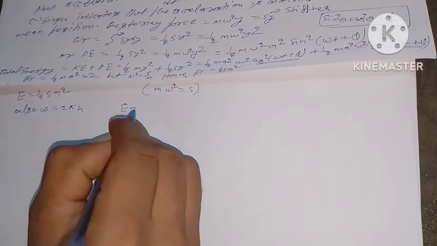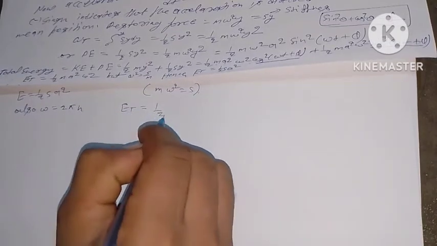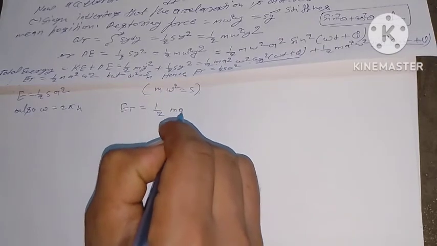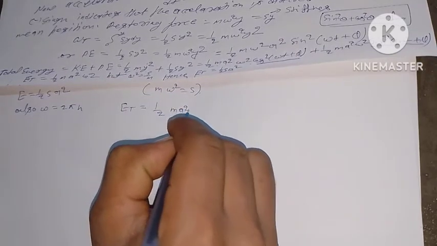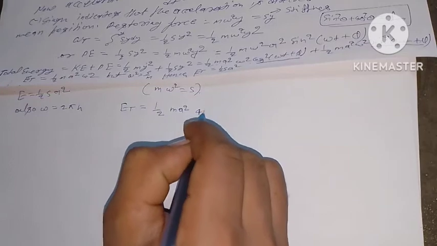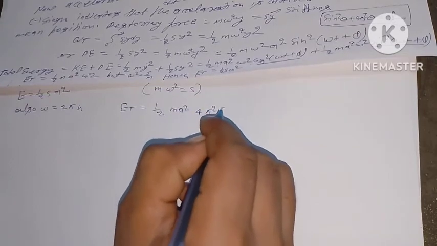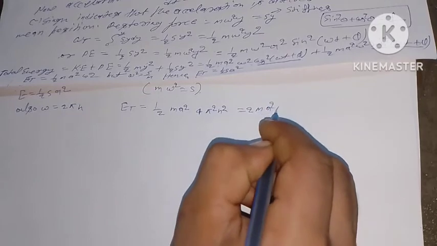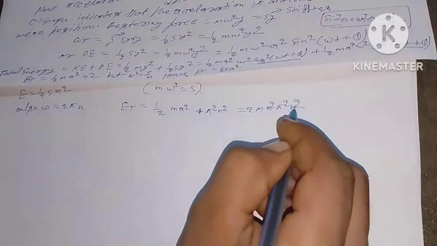So E equal to 1 upon 2 m a square 4 pi square n square equal to 2 m a square pi square n square.